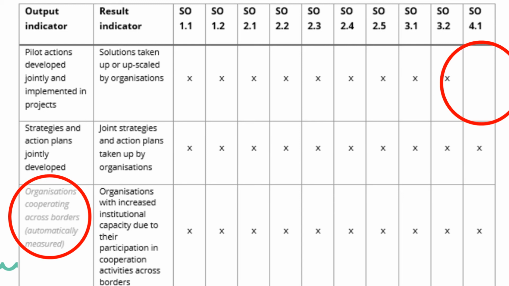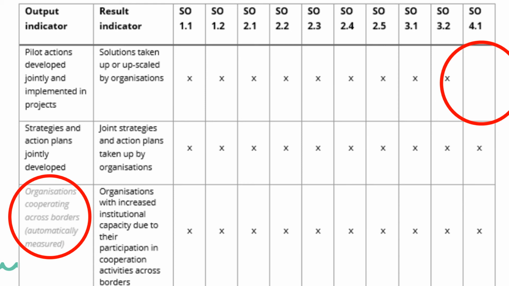If you have any questions on what qualifies as output or results in this set, there is a clear definition in fact sheet 22. As already mentioned, this output result indicator set cannot be applied in priority 4. Set 2 relates to strategies and action plans jointly developed in a project as output and strategies action plans that are taken up as project results.